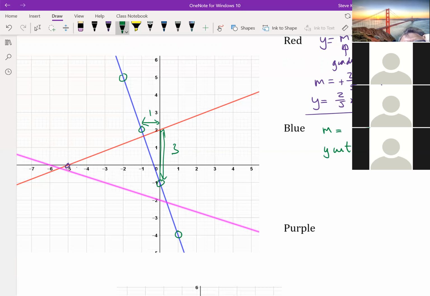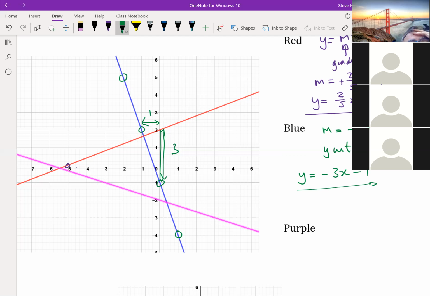But I've got to be aware that the line is sloping not up to the right, but up to the left, which means it's going to have a negative gradient. So all I do is put a minus in front of the fraction, and there I have my gradient, minus 3 over 1, which is minus 3. And so the equation, when I come to write it out, is simply going to be y is equal to minus 3x minus 1. And there's the equation of that line.